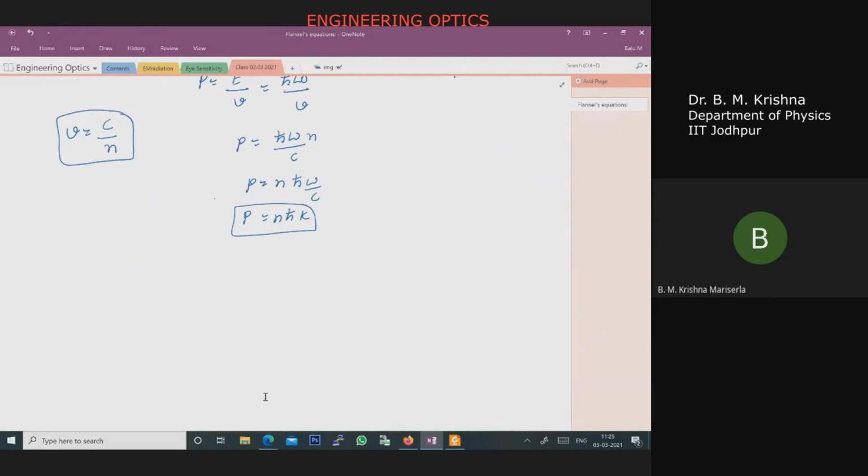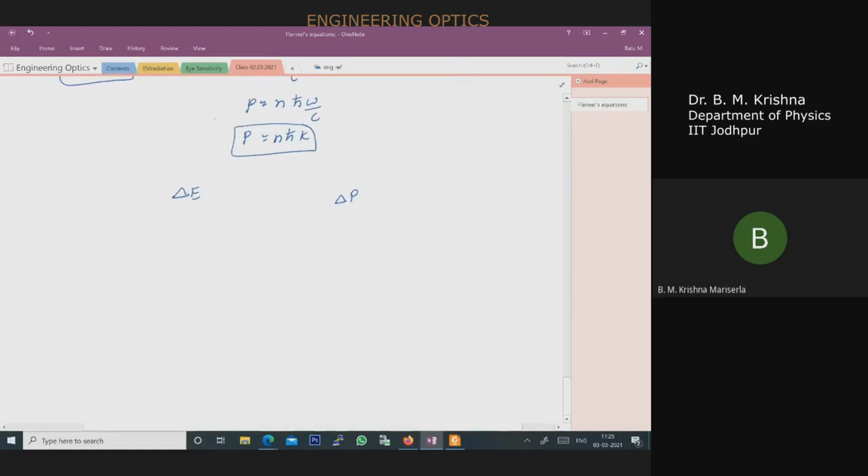Photons carry energy, so we talk about the change in energy, and they also carry momentum. So we talk about the Heisenberg uncertainty relations for photons.